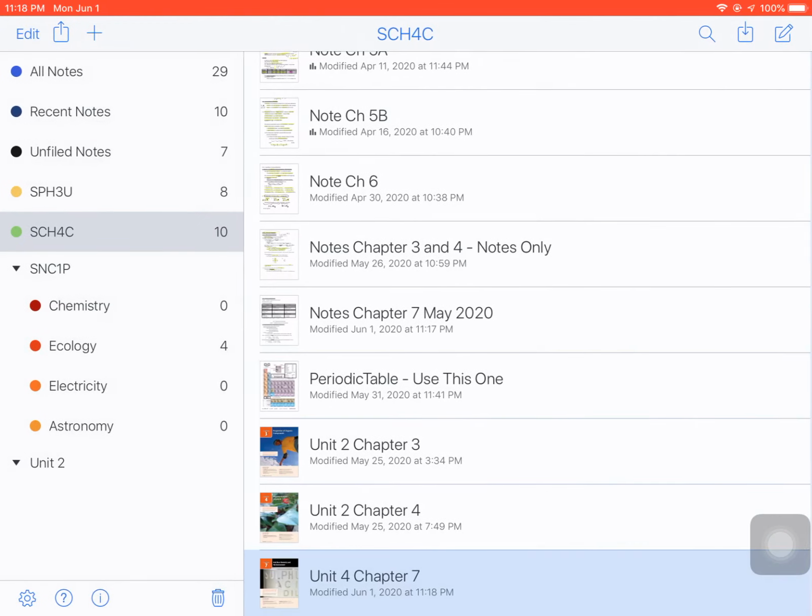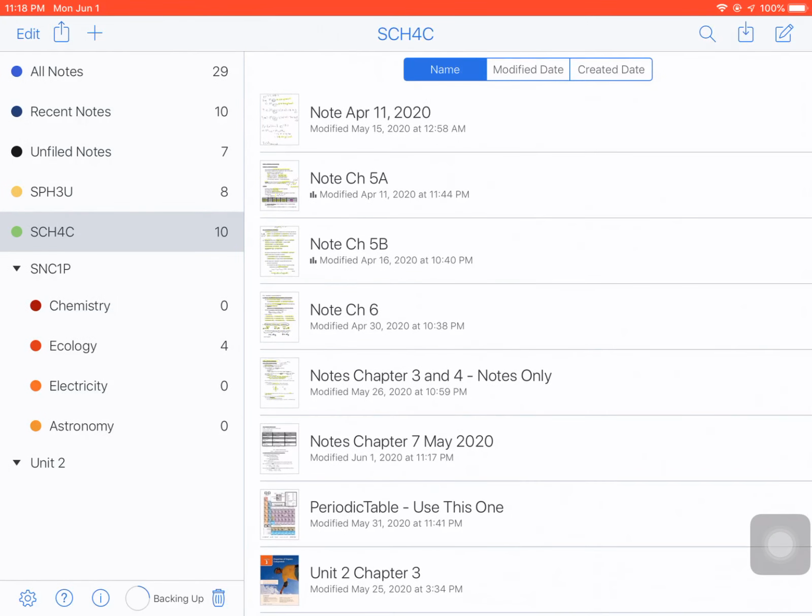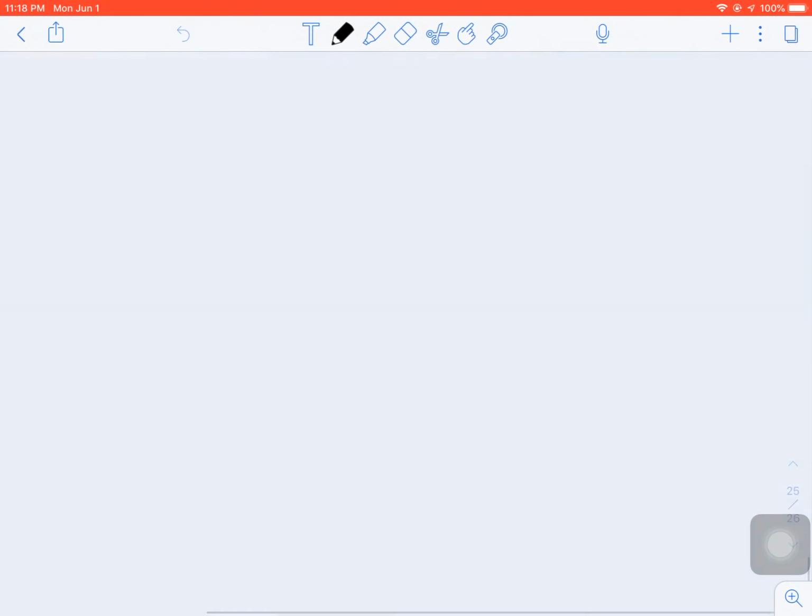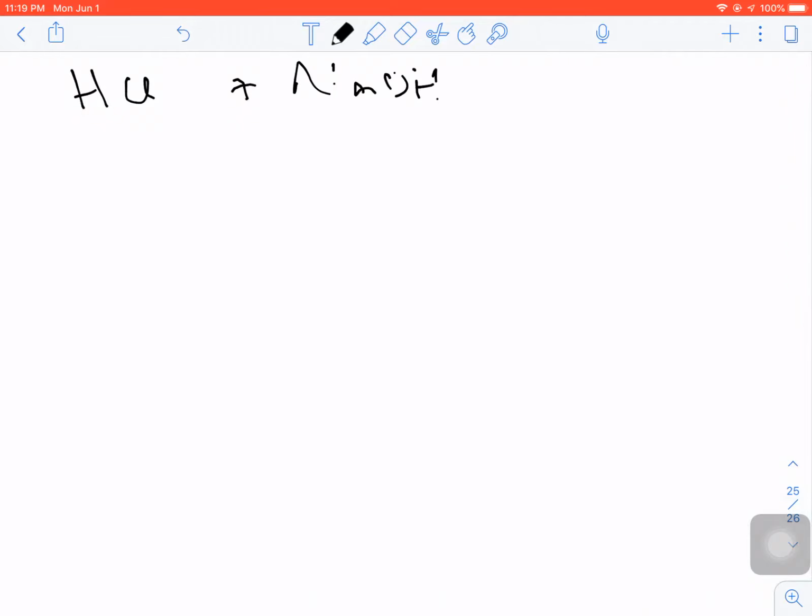Okay, so let's go to my whiteboard there. Like I was saying, this is 3A, so I'm going to start with HCl, hydrochloric acid, and it's reacting with sodium hydroxide.